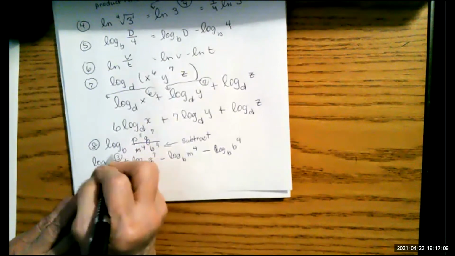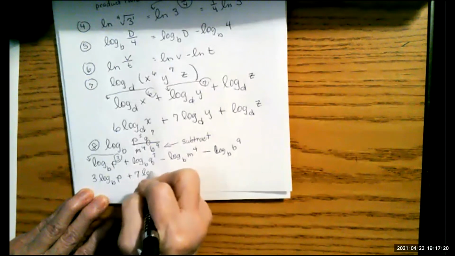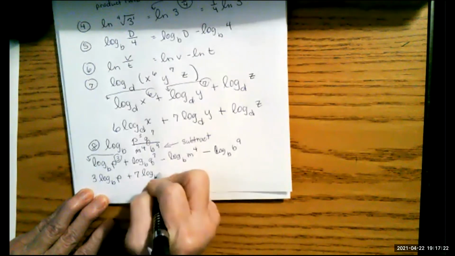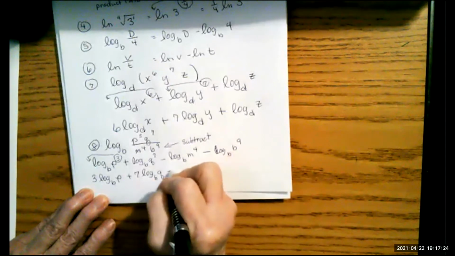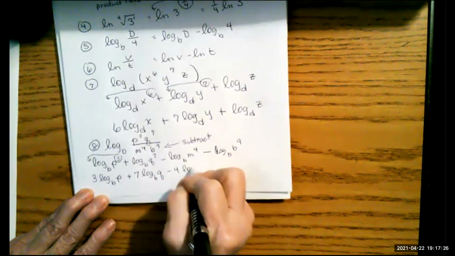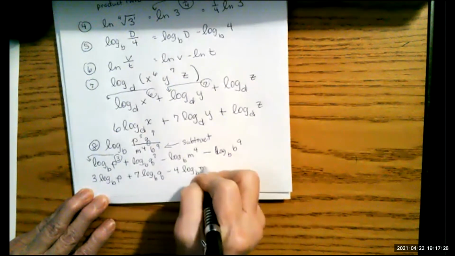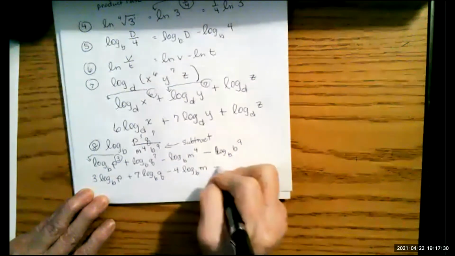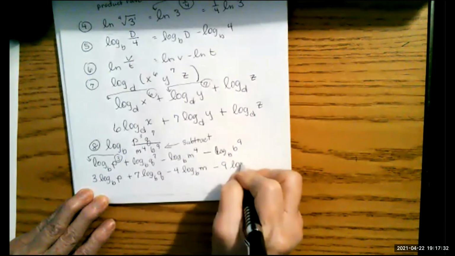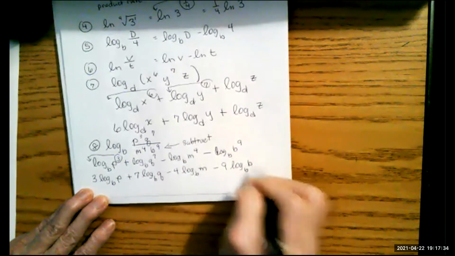Now then you can pull your exponents to the front. This one will come to the front, and you'll have 3 log base b of p plus 7 log base b of q minus 4 log base b of m minus 9 log base b of b.